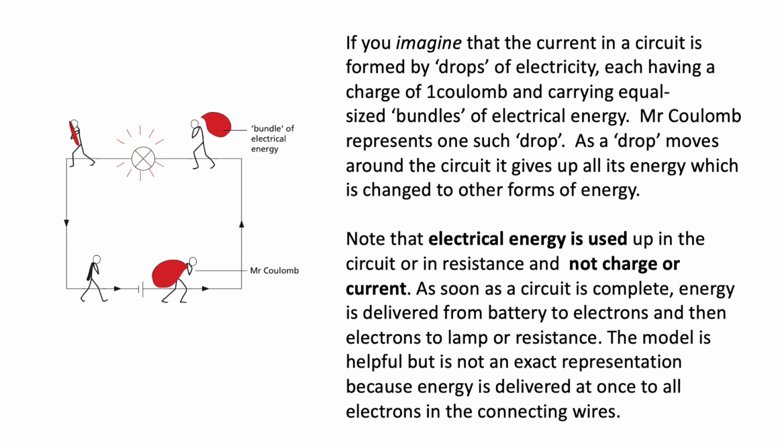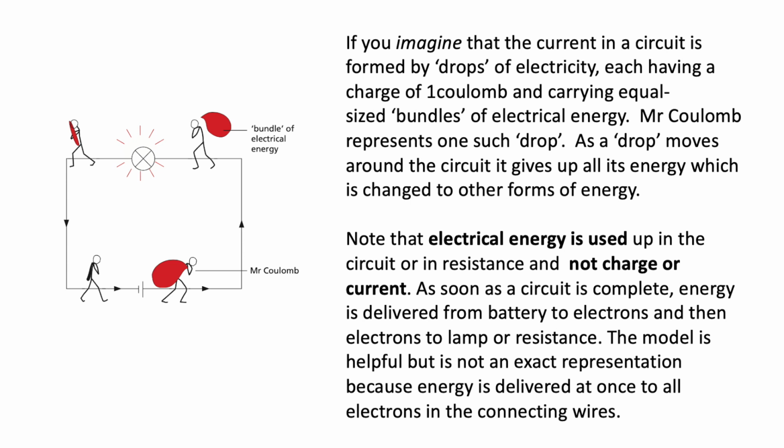As soon as a circuit is complete, energy is delivered from the battery to electrons and then from electrons to the lamp or resistance. The model is helpful, but it is not an exact representation, because energy is delivered at once to all the electrons in the connecting wire. So electrons carry that energy and come out from the battery. While passing through the resistor, the electrons lose their energy.